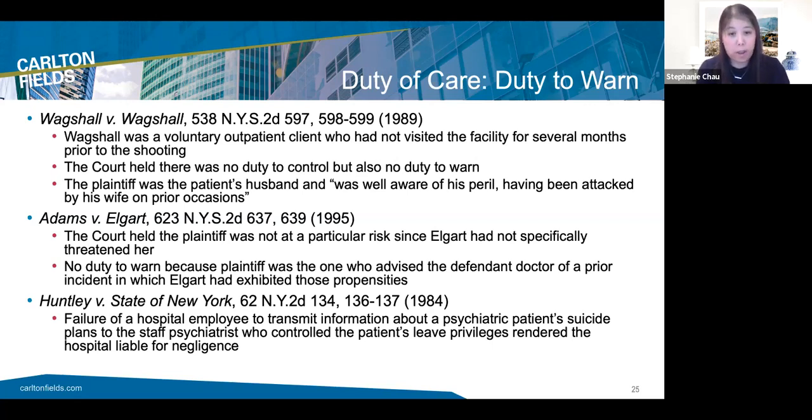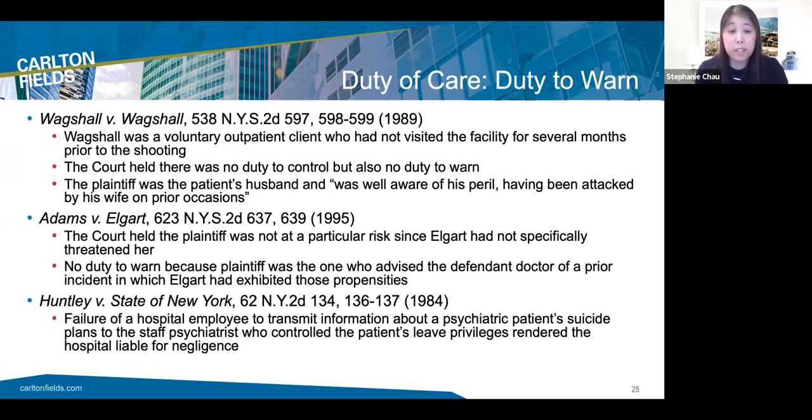The first case, Wagshall, the patient was a voluntary outpatient client who had not visited the facility for months prior to the shooting. So again, you're looking at, one, whether there was control, and then two, if there's a duty to warn. There, the court held that there was no duty to control, again, outpatient clinic, and also no duty to warn.